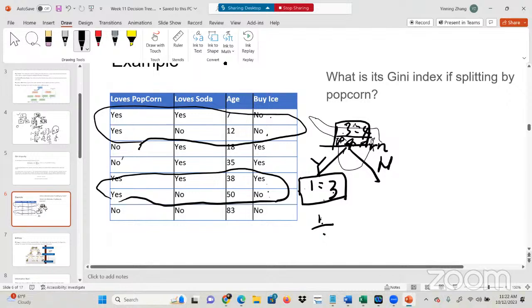What is the probability? 1/4, that's right, 1/4. And then the probability of not buying is 3/4.